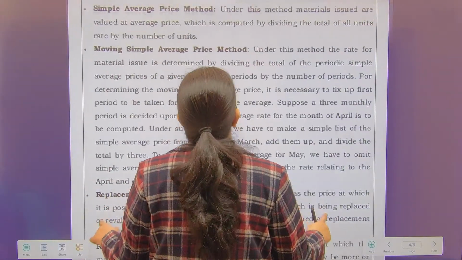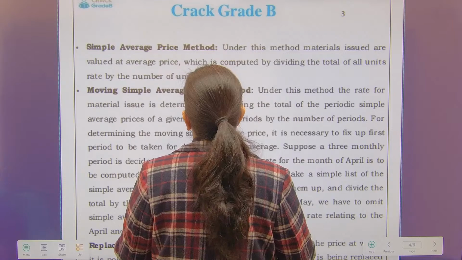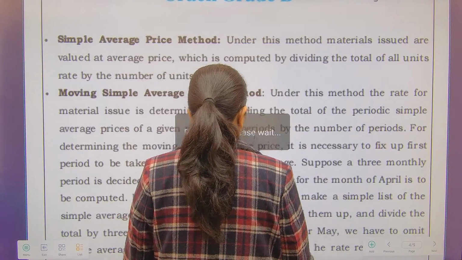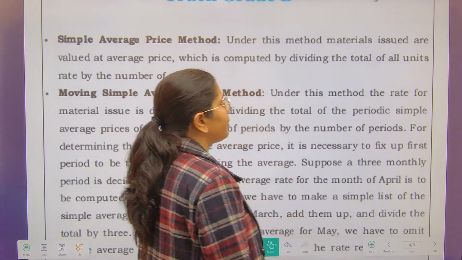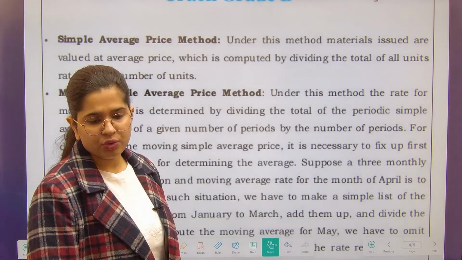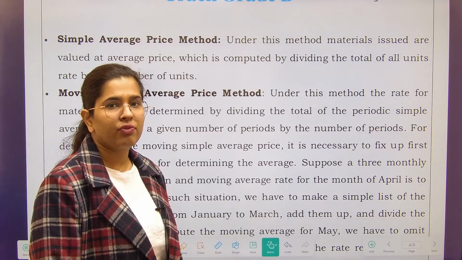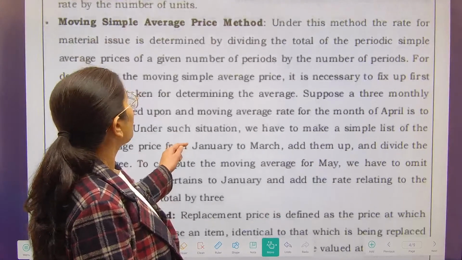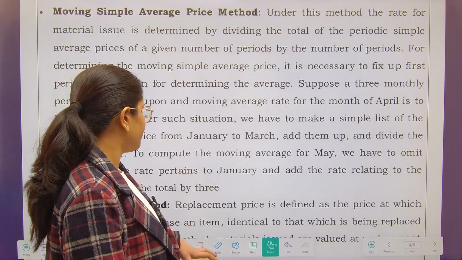Next is the simple average price method. I have already calculated the simple average price method, right? You just calculate the simple average of prices, whatever you have received. Next is the moving simple average price method.